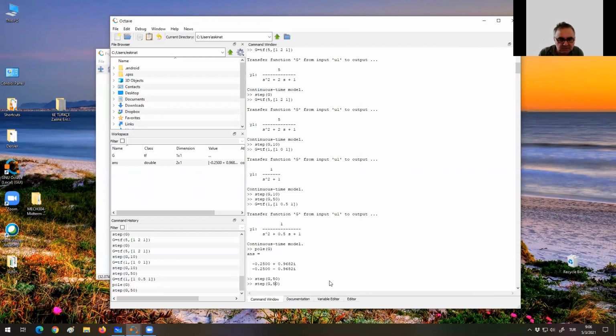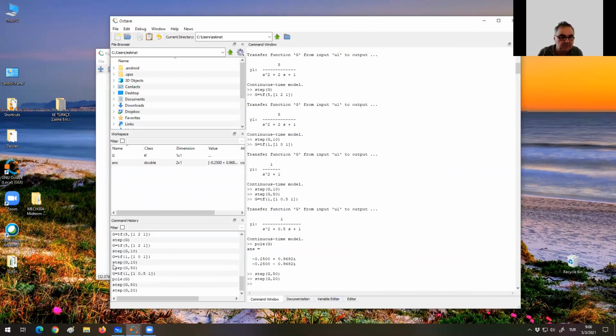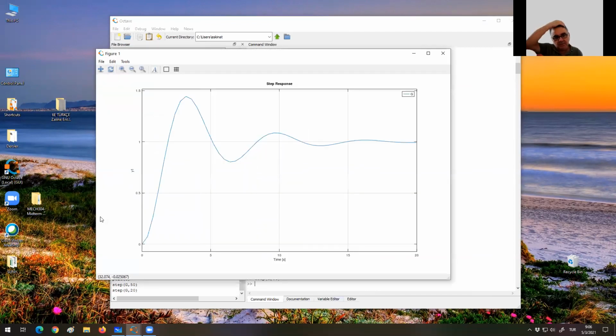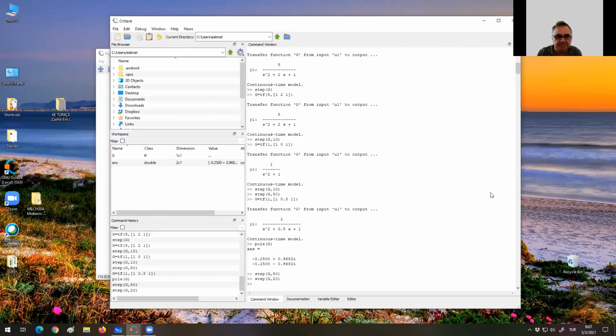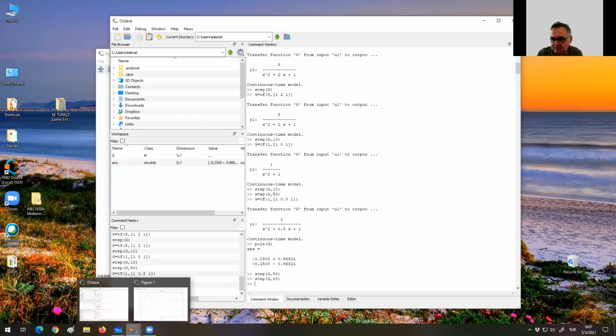We can have it like 20 or something. The response is underdamped. So this is the second order system response, as we see. Okay. Let's keep this for the time being.